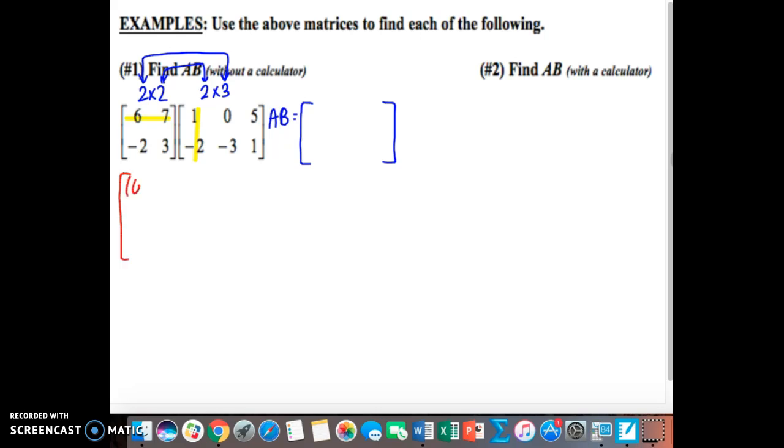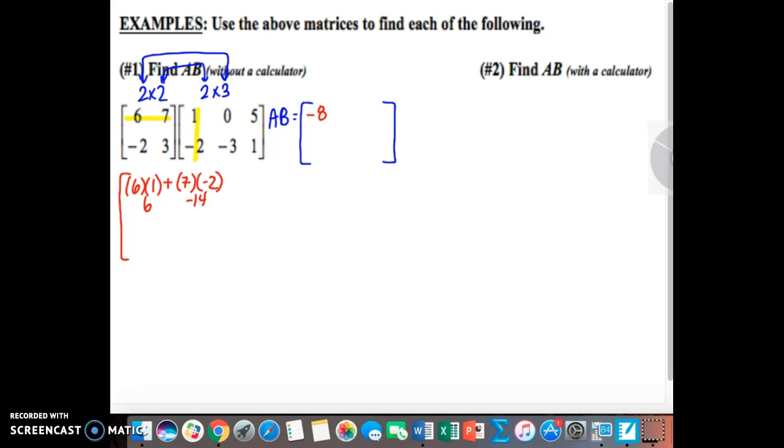So we'll be taking 6 times 1 and adding that to 7 times negative 2. 6 times 1 is 6. 7 times negative 2 is negative 14. 6 minus 14 is negative 8. So my top left entry will be a negative 8.